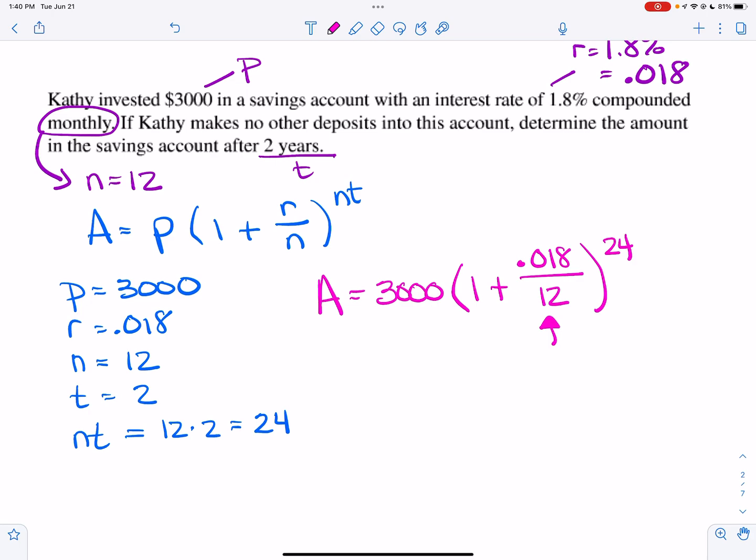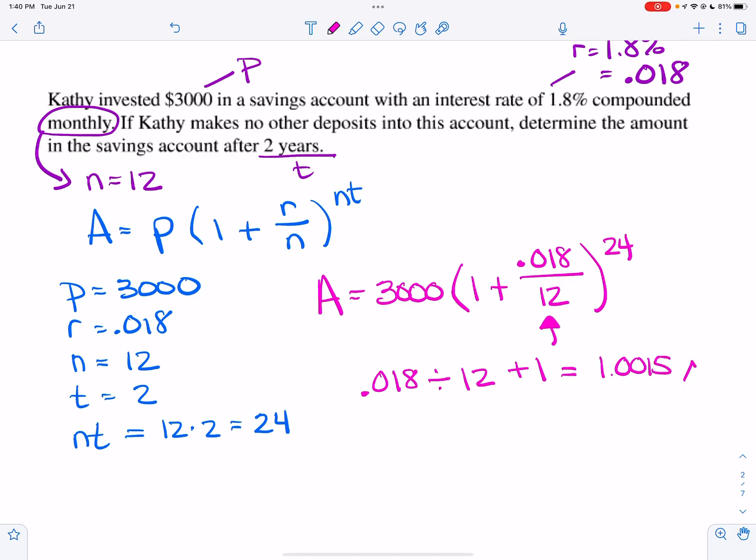You're going to enter 0.018 divided by 12 plus 1, and then I hit enter. Now, sometimes it will give you a very long decimal, and I'm going to say just leave it on your calculator. So right now, what I see on my calculator is this, okay?